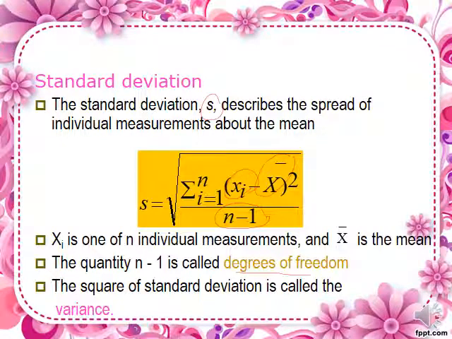So n is the number of measurements, minus 1. The square of this is called variance. So standard deviation is the square root.